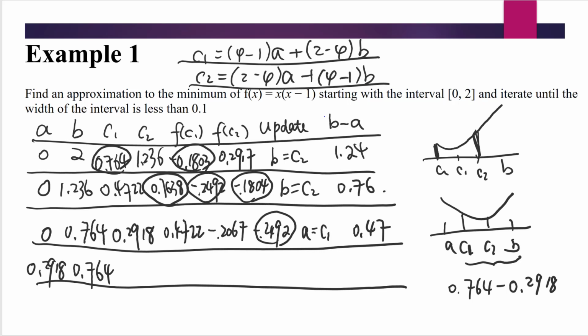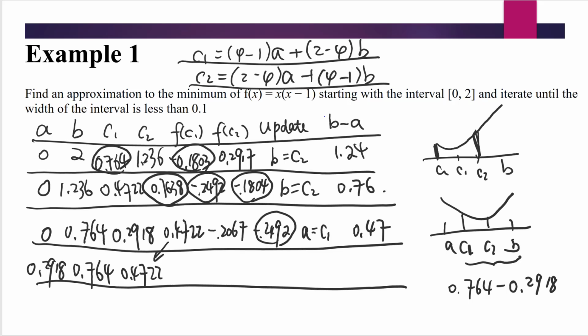This C1 you can directly take from the previous C2, because of the golden ratio, we can directly move this value here, so we don't need to evaluate it again.